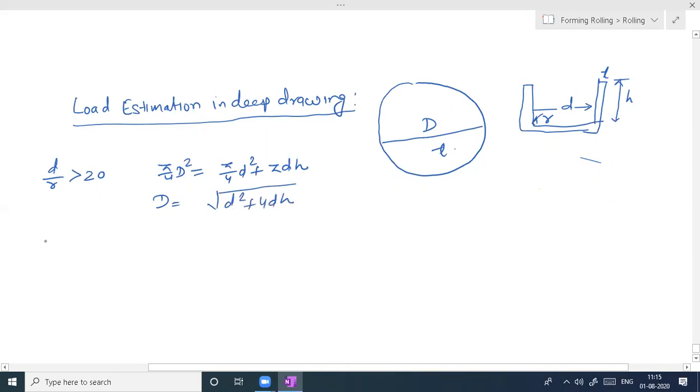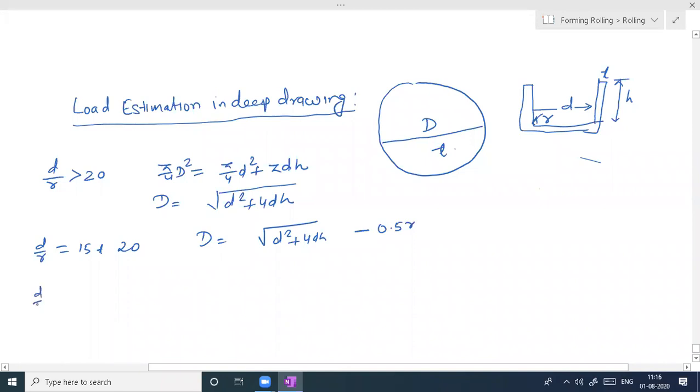Simple. Then when d by r ratio is between 15 to 20, the blank diameter D is equal to square root of d square plus 4dh minus 0.5 r.